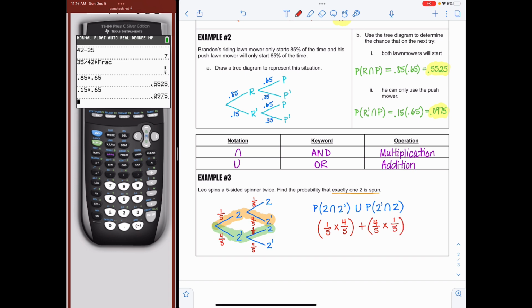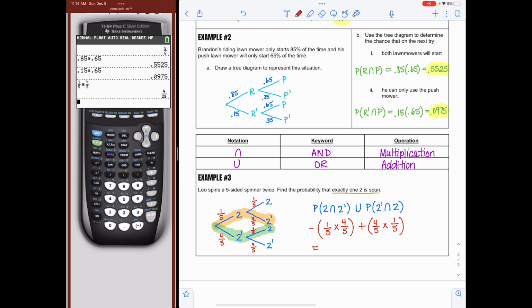So if I put that in the calculator, I'm going to have 1 over 5 times 4 over 5, which is equal to 4 over 25.